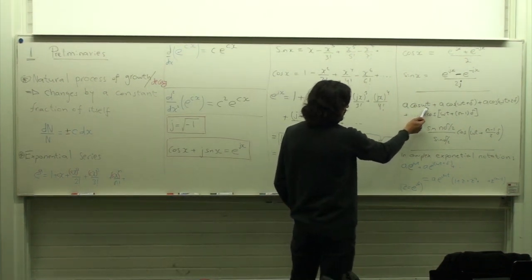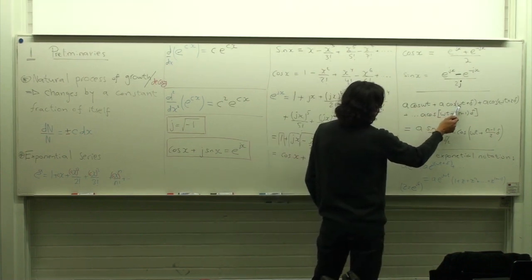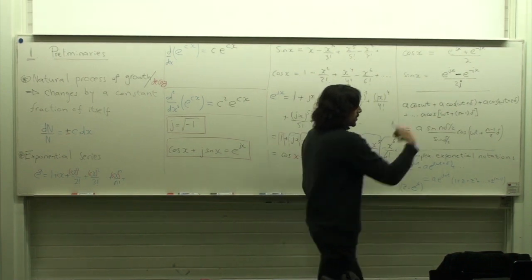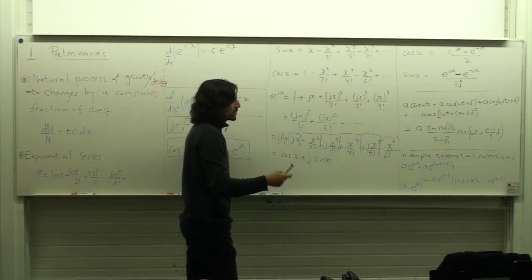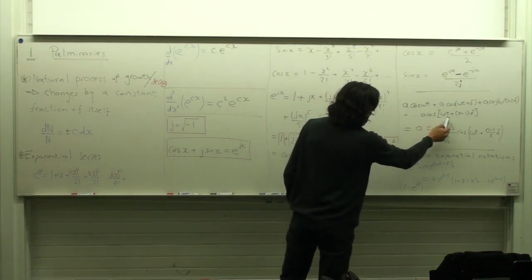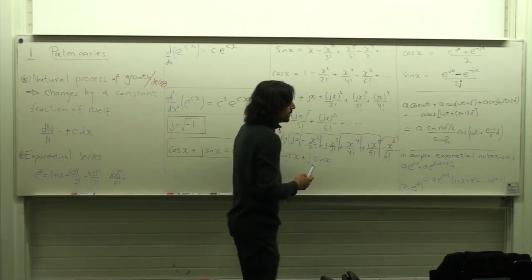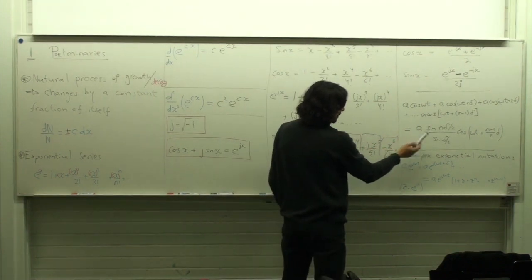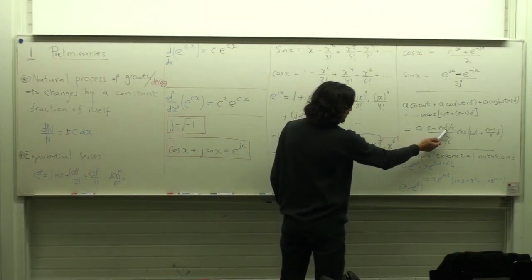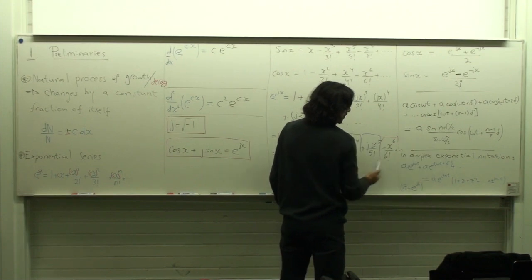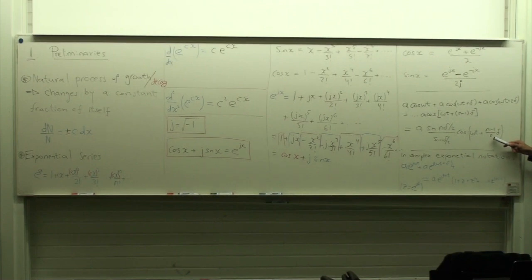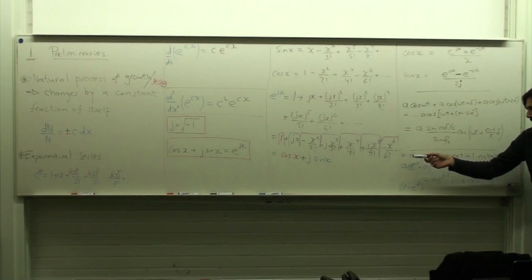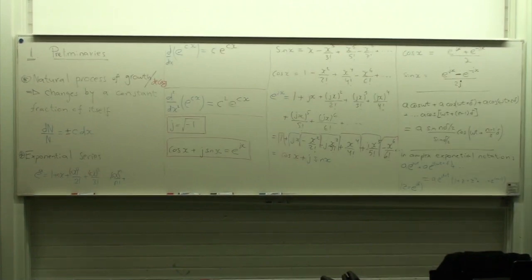You have a cosine omega t plus a cosine omega t plus some delta, and then you add to that a cosine omega t plus 2 delta, 3 delta, and so on until you get a cosine omega t plus n minus 1 delta. This can be written in this form: a sine n delta over 2 divided by sine delta over 2 times cosine omega t plus n minus 1 over 2 times delta. And you can make use of the complex exponential notation.